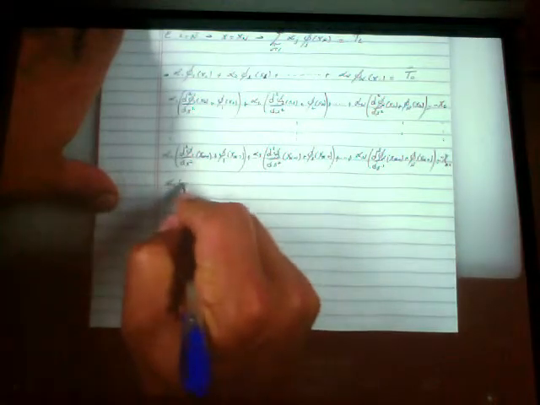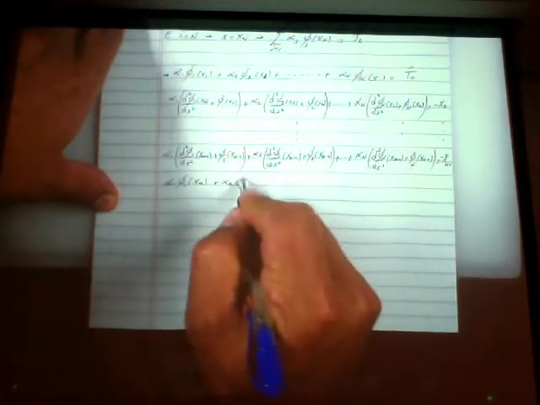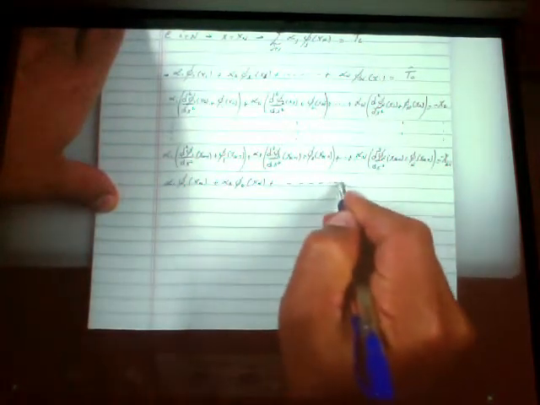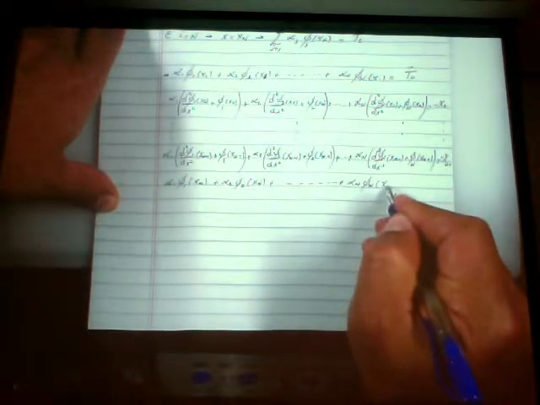And the last equation looks like alpha 1 phi 1 at xn plus alpha 2 phi 2 at xn plus alpha n phi n at xn is equal to TL.